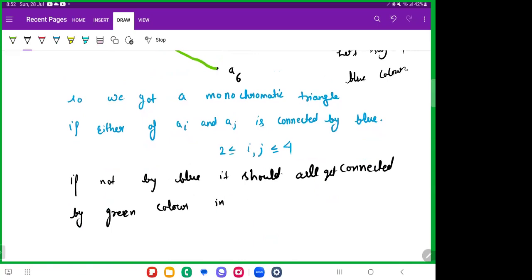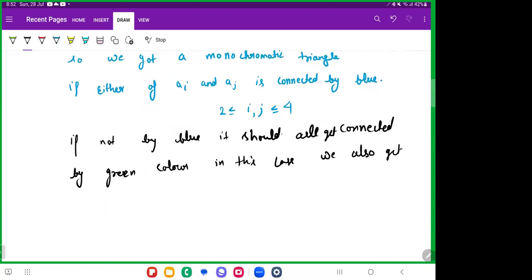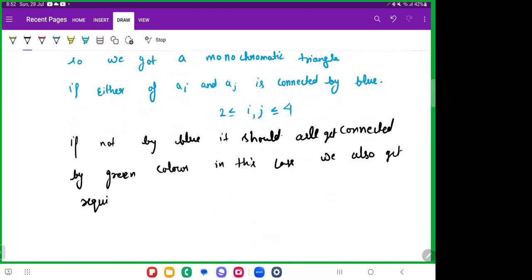In this case, we also get the required monochromatic triangle. So we are done.